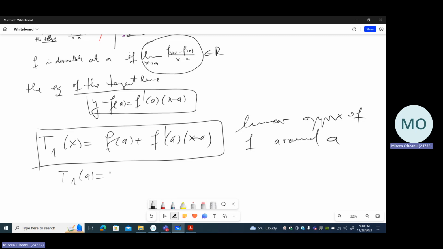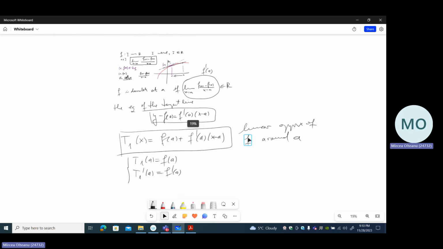At the point a, it equals f and also its derivative, which are obvious properties.